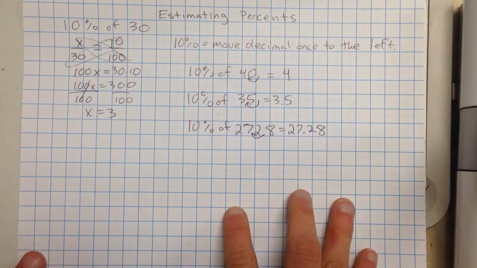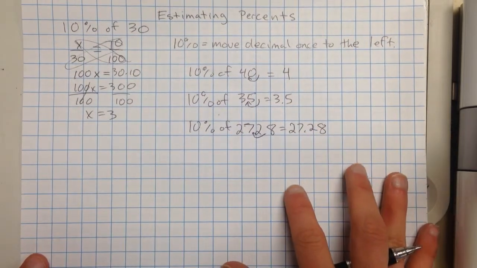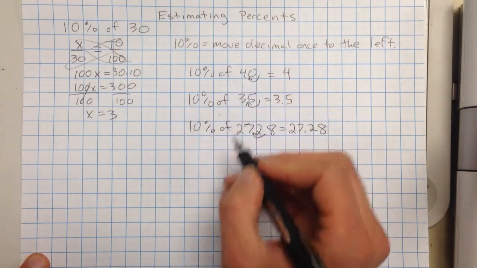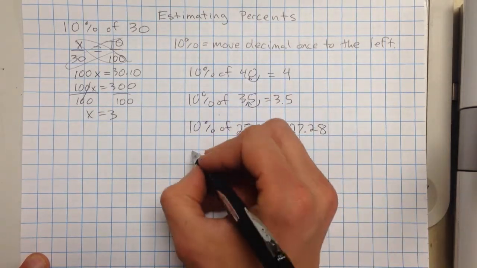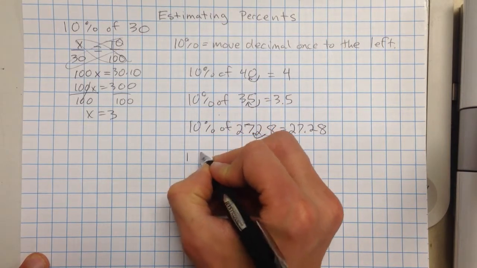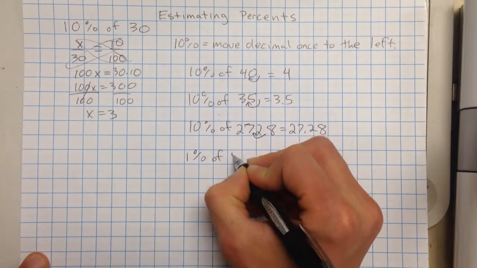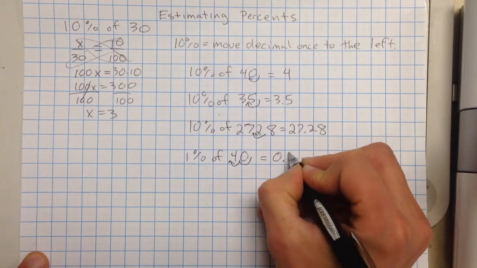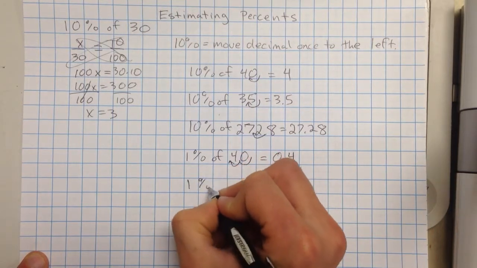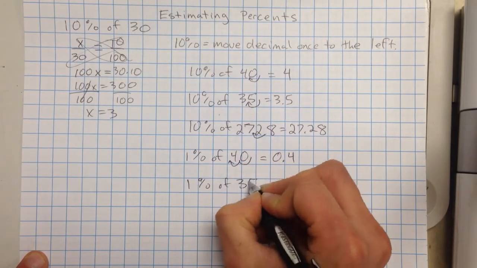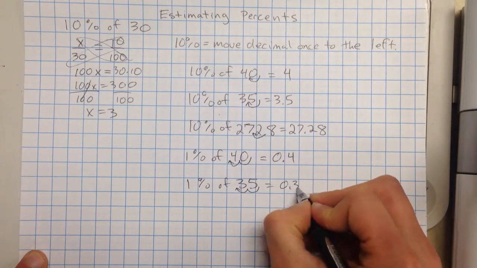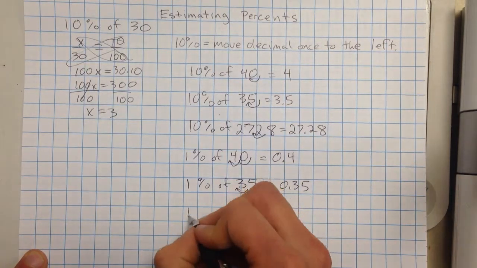We can also do the same thing if we're working with 1% of something. But instead of moving it one time over, we're going to move it 2 times over, because it's 1/100th of it. So for instance, if you had to find 1% of 40, move it 2 times. 1, 2 over, that's 0.4. 1% of 35, similar, move it 2 times over, 0.35 or 35/100ths.